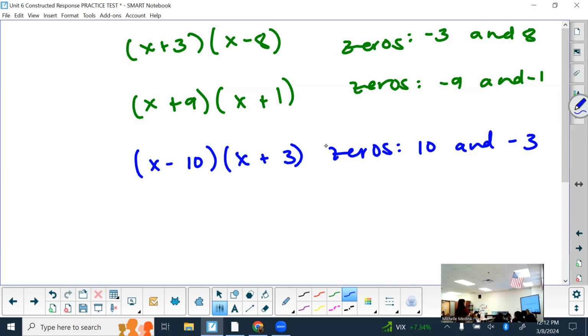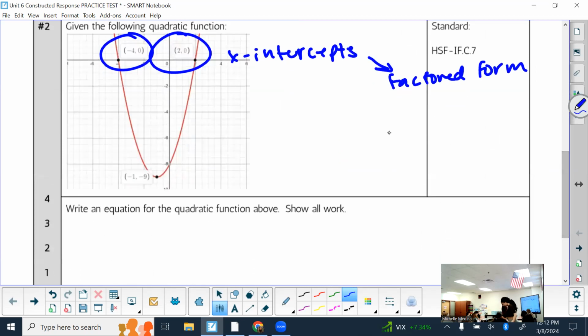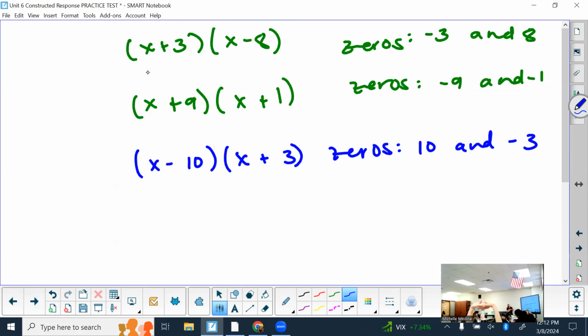Okay, so then if I go back to my given graph and it's telling me that the zeros are -4 and 2, then what would my factored form have to be? It should always start with a parentheses and an x if it's factored form. Because it should look like the problems that we were given.